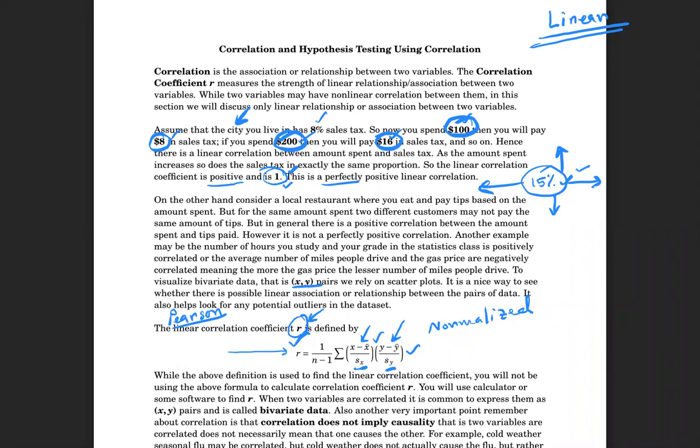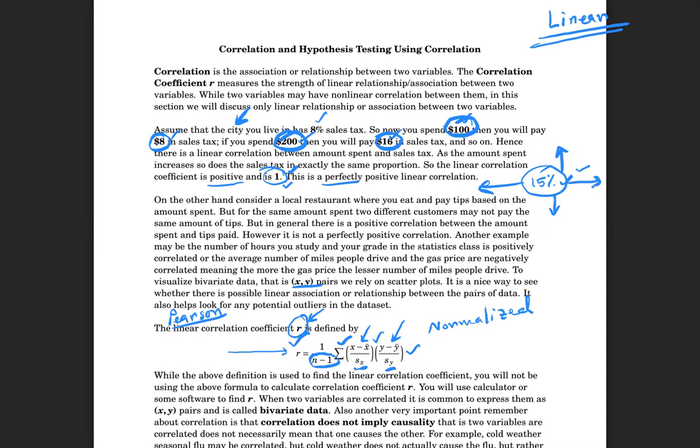So these are normalized or standardized values. That's what you use, and you sum it over all possible values and then divide it by n minus 1. That means sample size minus 1. And this is how you calculate the linear correlation coefficient.